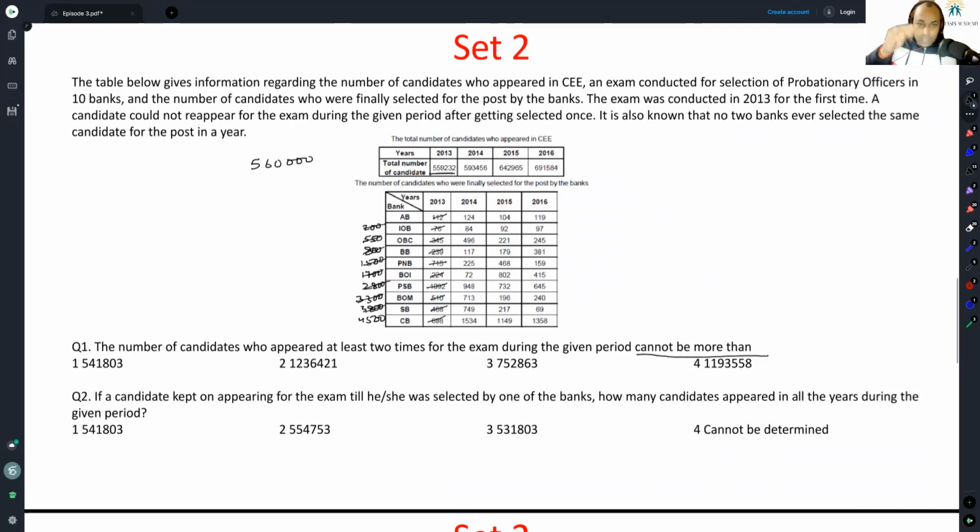See, I need not have written this down because I was not taking exact numbers, I was taking mere approximation. So 4500 gone from this, I will have 5,55,500 people left.